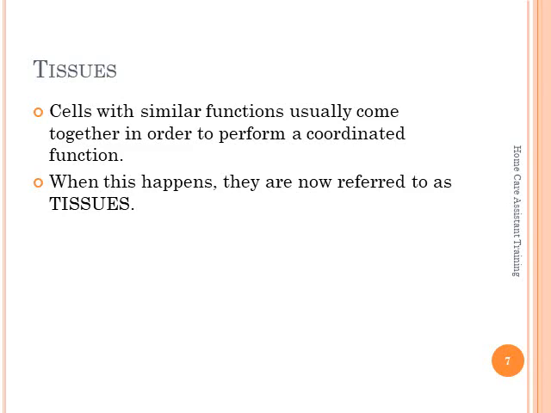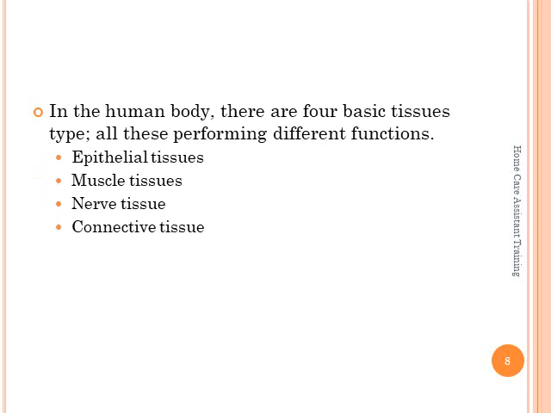You can see that your nail is very hard, so we have cells that have come together to form this hard thing. So it's a tissue. Okay. So in the human body, there are 4 basic tissues that we have. Throughout the human body, we only have 4 tissues, and they perform different functions.